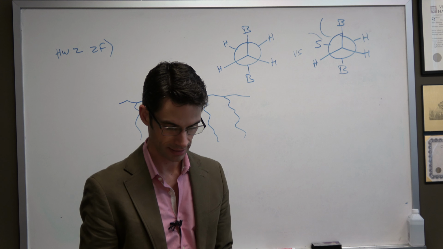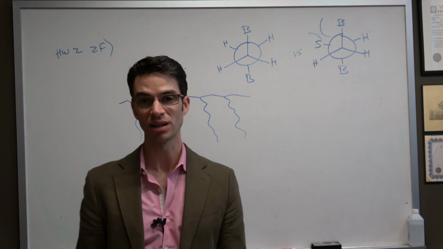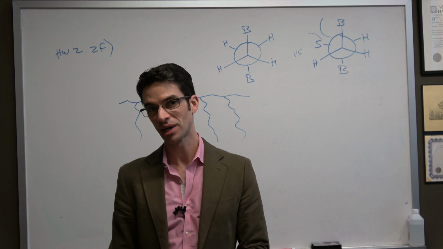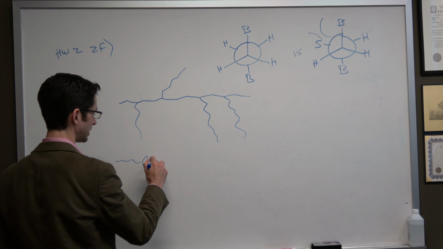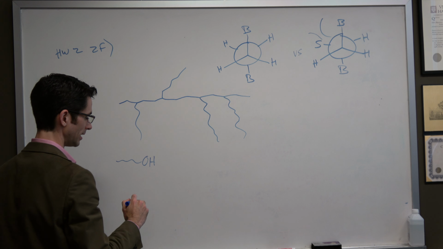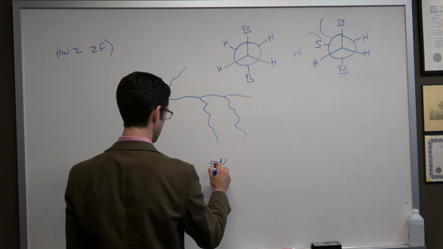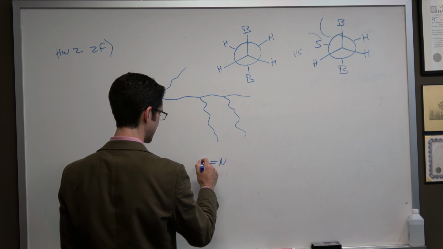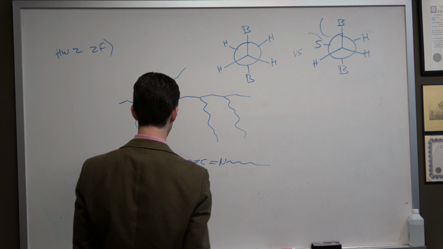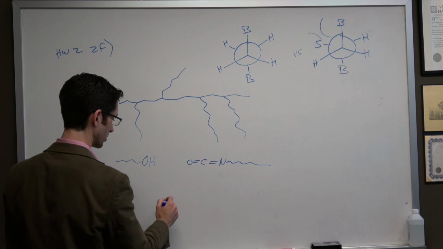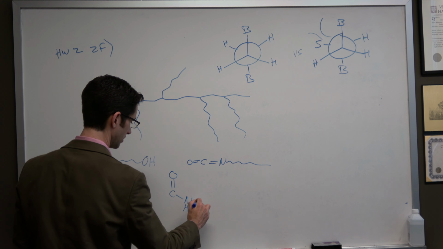Okay, so 2015 exam 1, there was a question about polyurethanes. We didn't talk about this, so polyurethane is formed in the reaction of an alcohol with a diisocyanate, and what you get in the end with this is a urethane linkage.